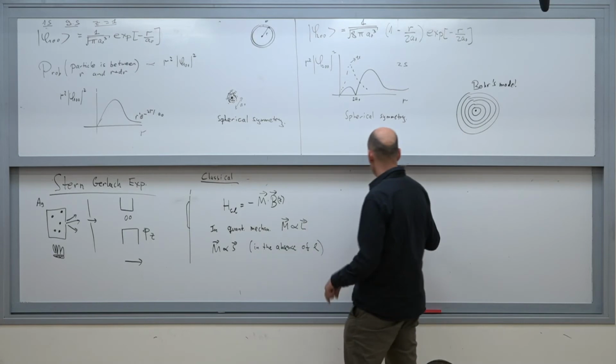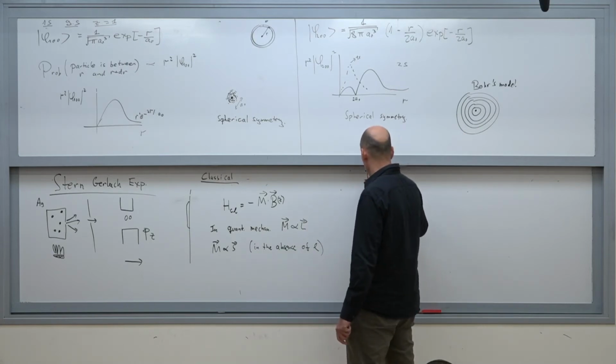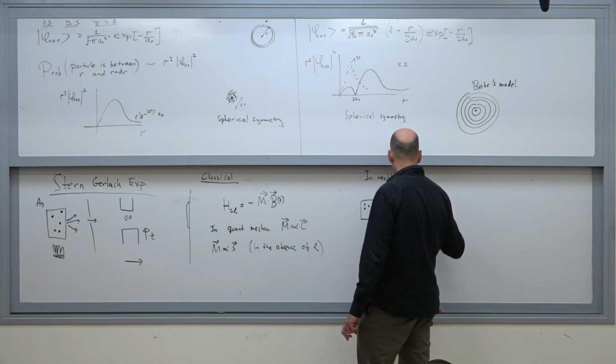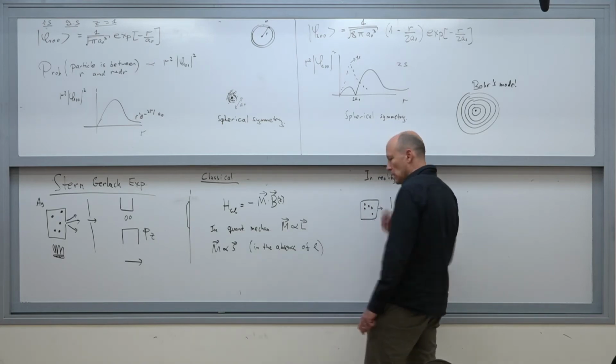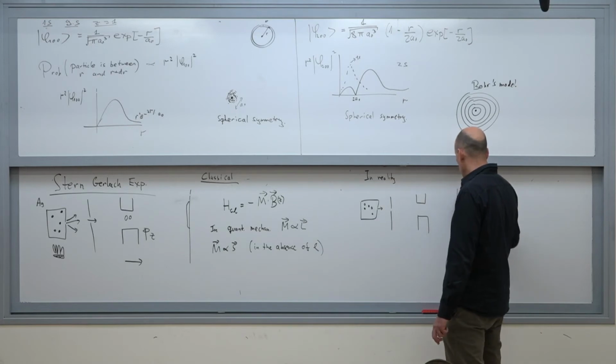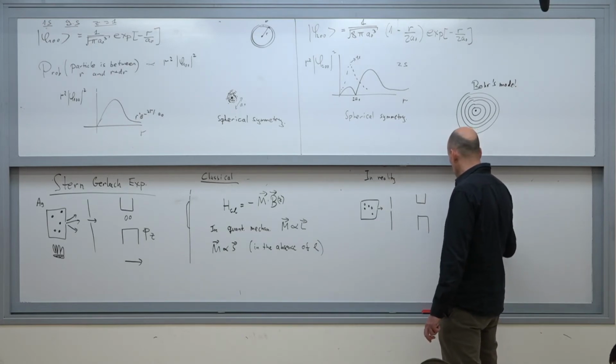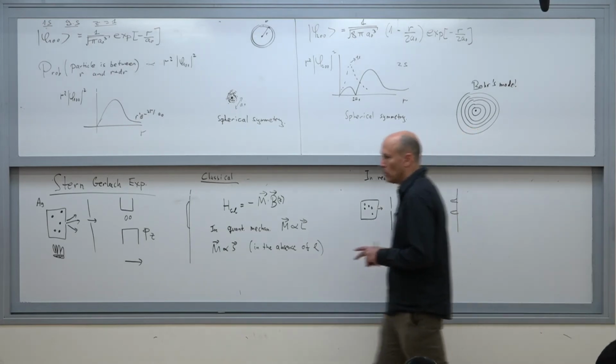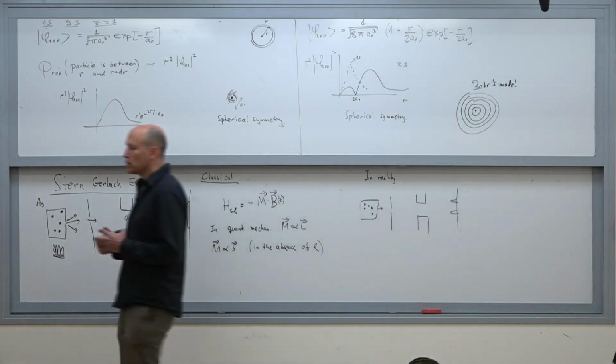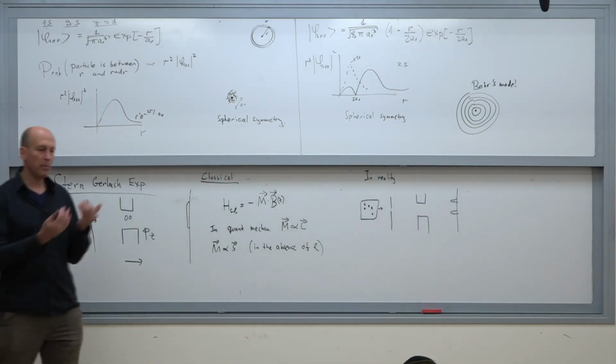What did they find? In reality, classical mechanics doesn't work. You have this system, and you get two peaks. The two peaks correspond to spin up and spin down.